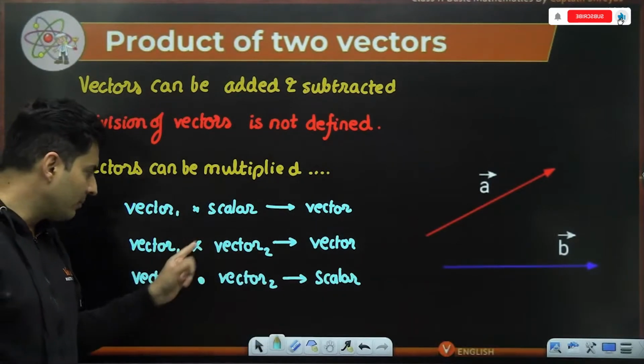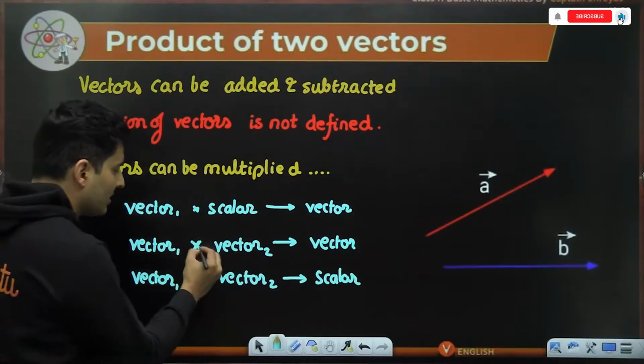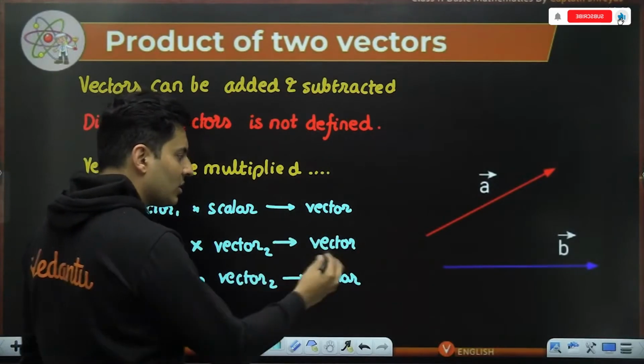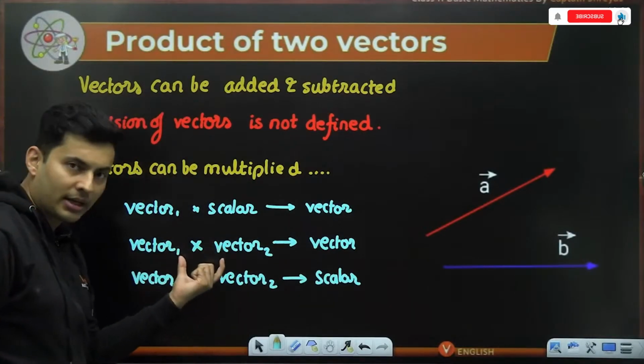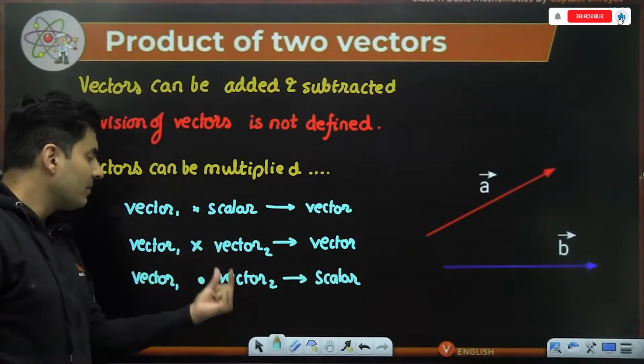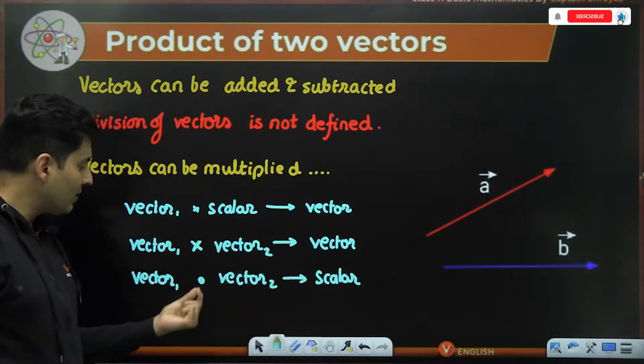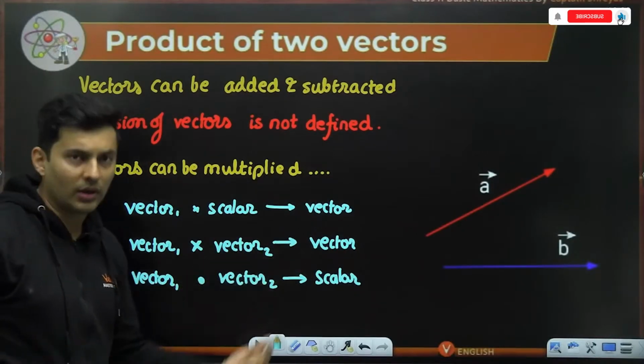When you use a symbol like cross, the outcome is a vector. This is also called the vector product. When I use a dot, the outcome is a scalar. That is why it is called a dot product.